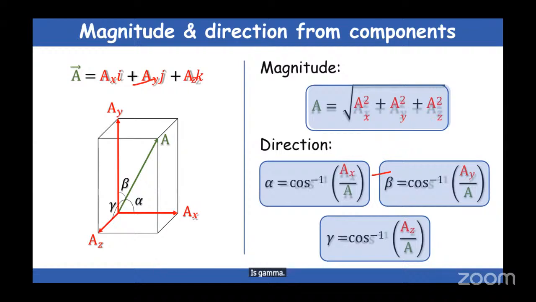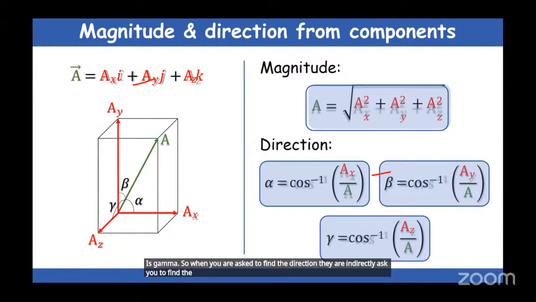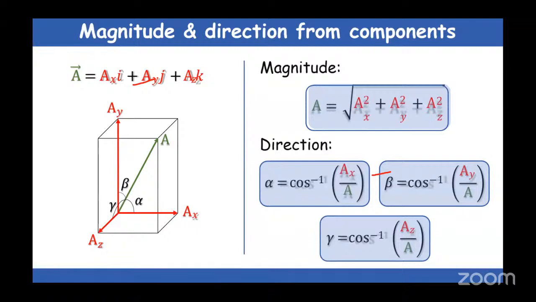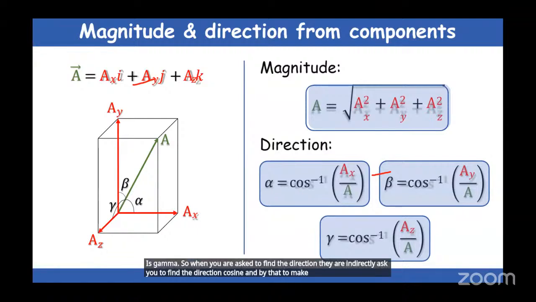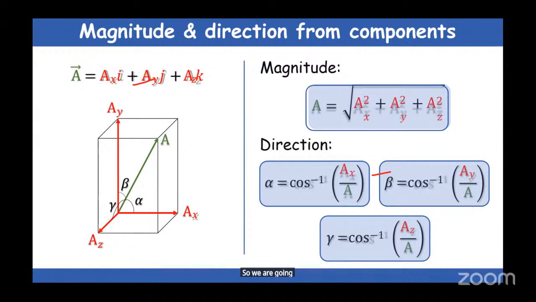So when you are asked to find the direction, they are indirectly asking you to find the direction cosine. And by that, we make use of this formula. So we are going to find all the angles, alpha, beta, and gamma. You are not finding only one angle.